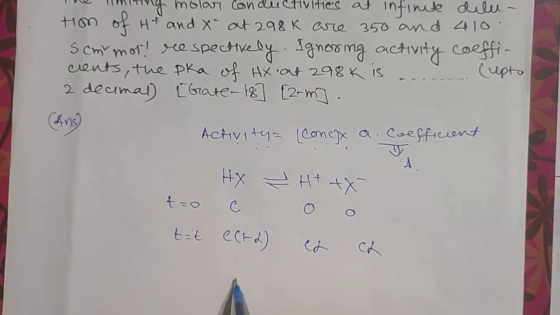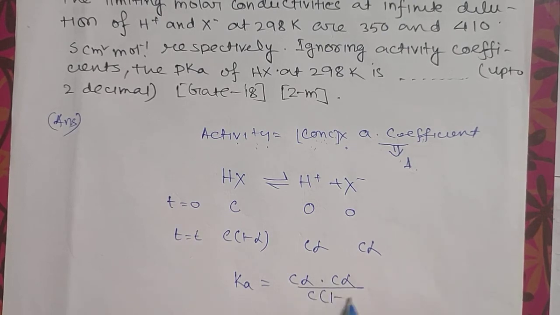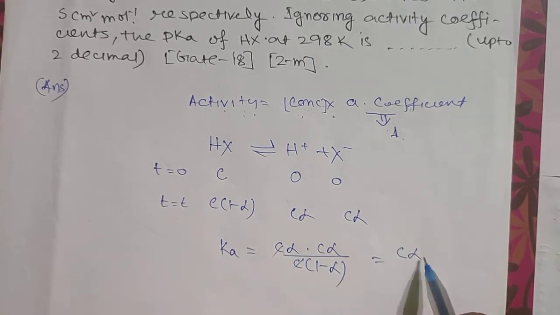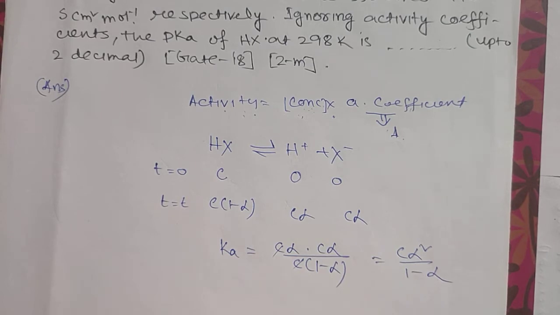So Ka equals C alpha into C alpha by C into 1 minus alpha. C cancels, so Ka equals C alpha square by 1 minus alpha. This is according to Ostwald's dilution law, so we can give this relation.